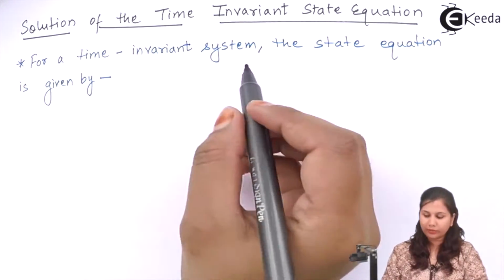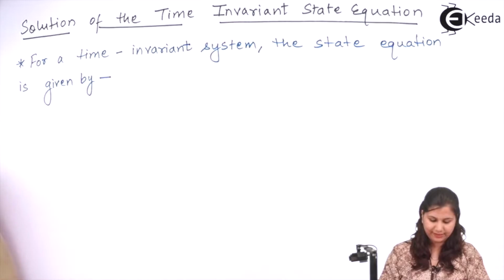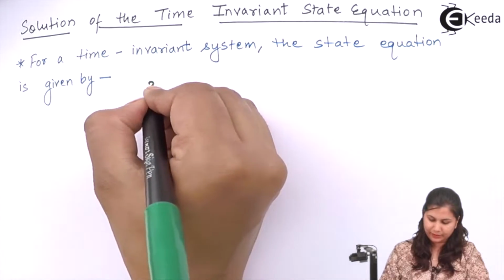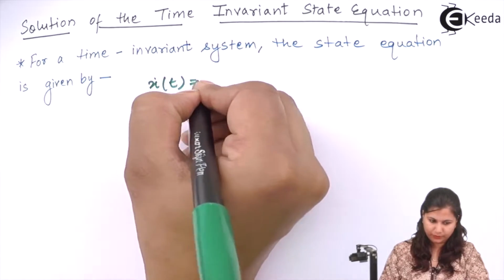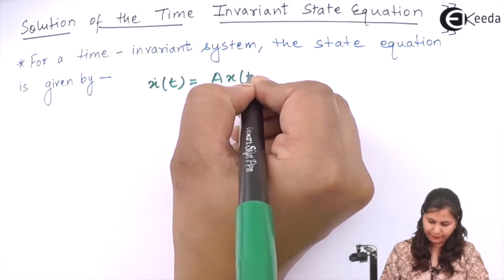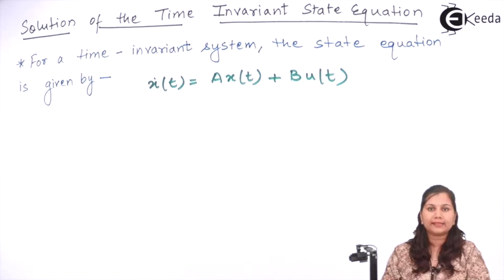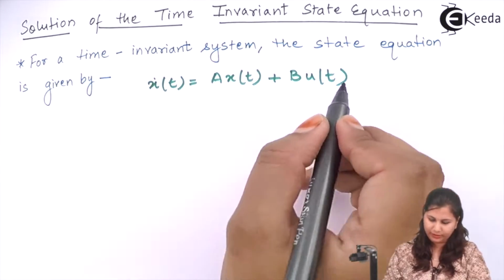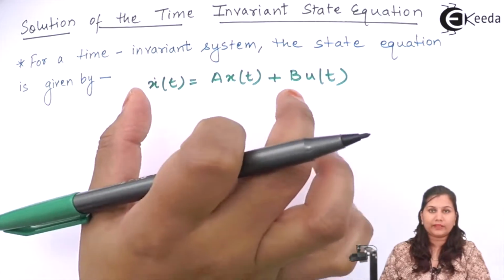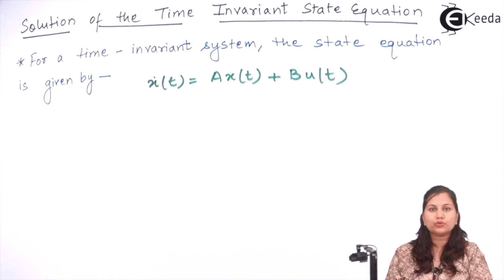So for a time invariant system, the state equation is x dot t equals A x t plus B u t.